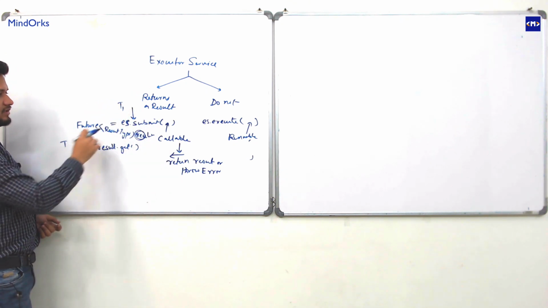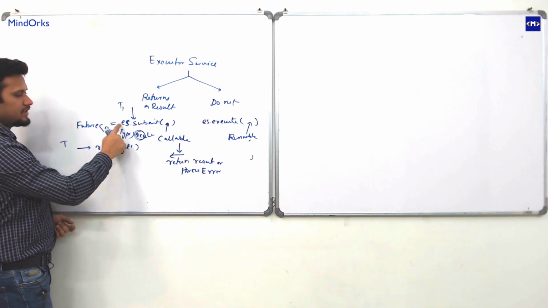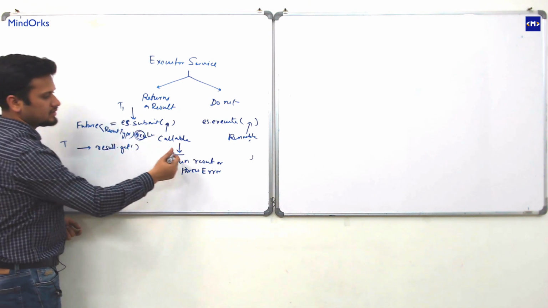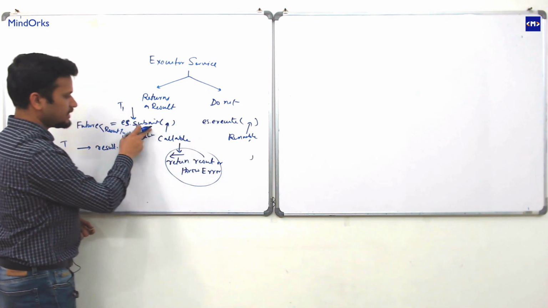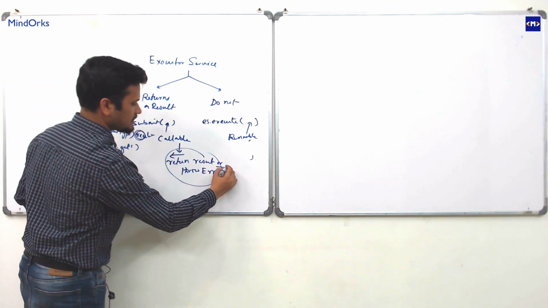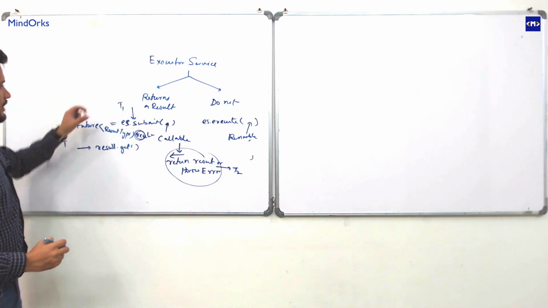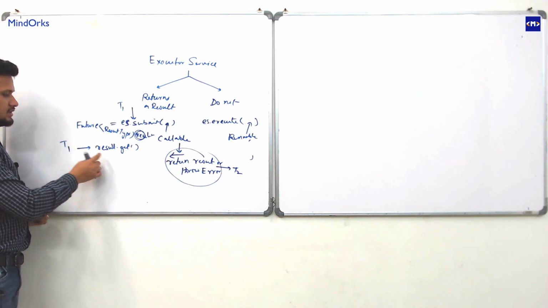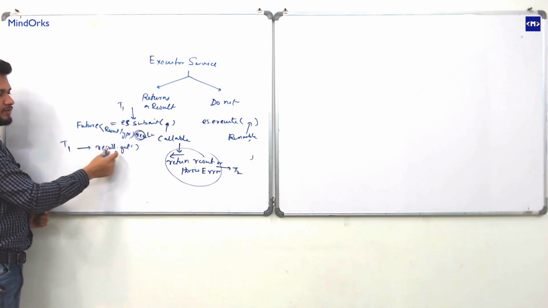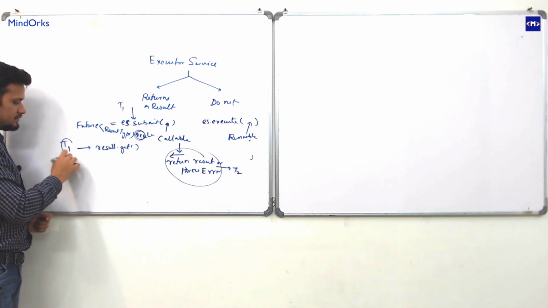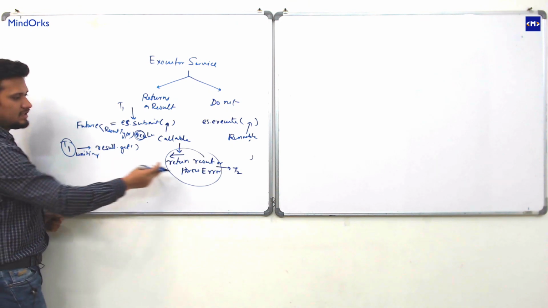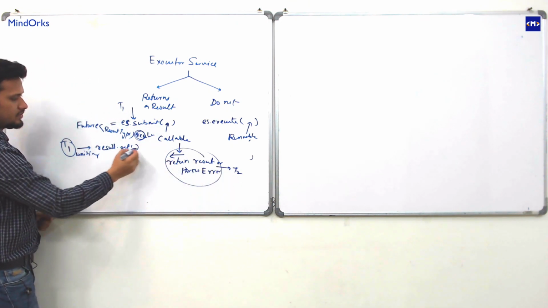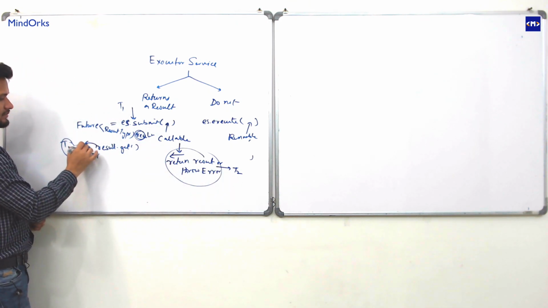When T1 calls executor service.submit, this block of code will be executed by one of the threads in the executor service, some other thread T2. When T1 calls get on the result returned from submit, it will wait until T2 returns the result. So it will get a result here.